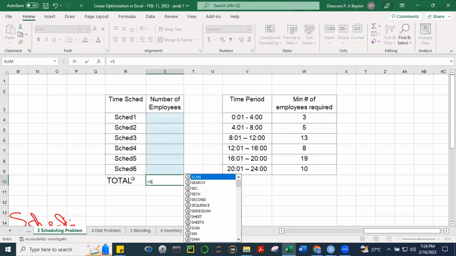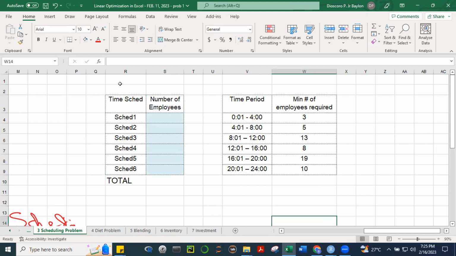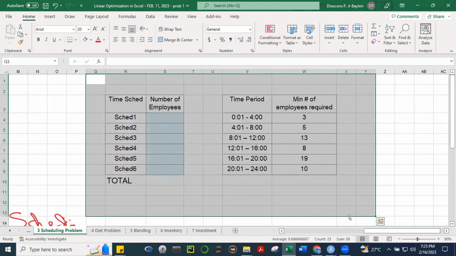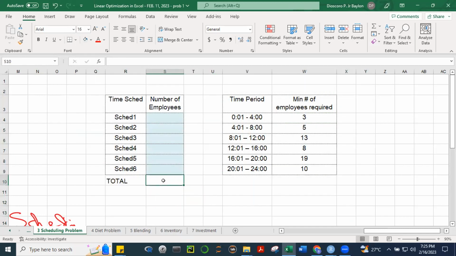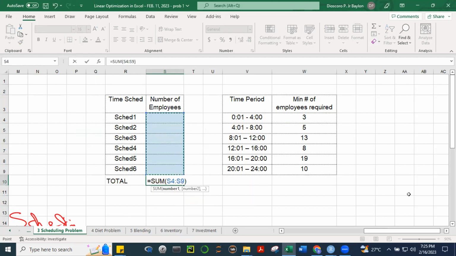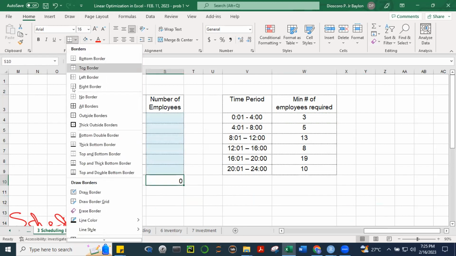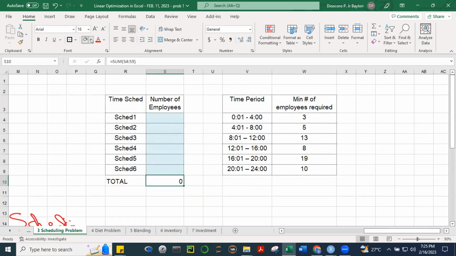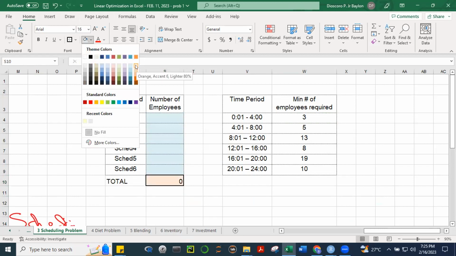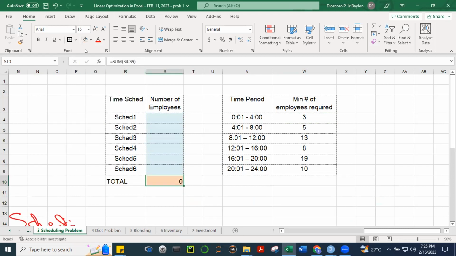It's just the sum. Let me highlight everything here so that I have the same font size. So alt equal to, shortcut for sum. All right, there. And then I'm going to format this. Again, when you do your work, kindly follow this format so that I also know.